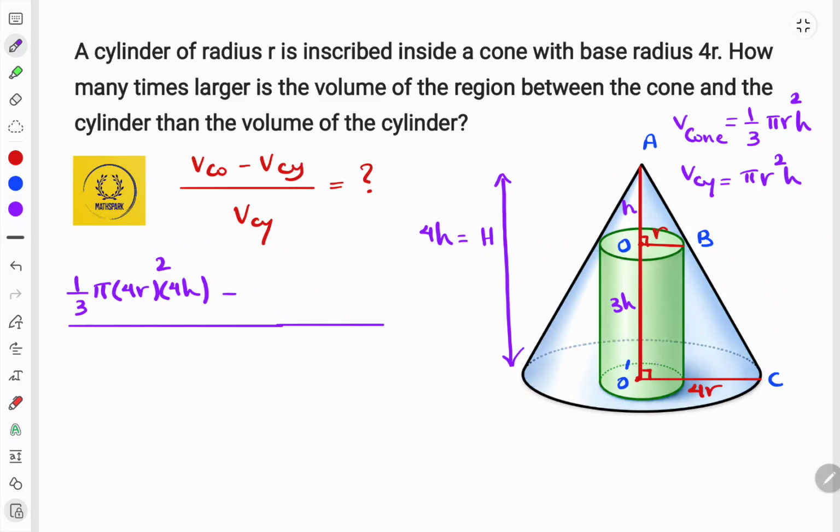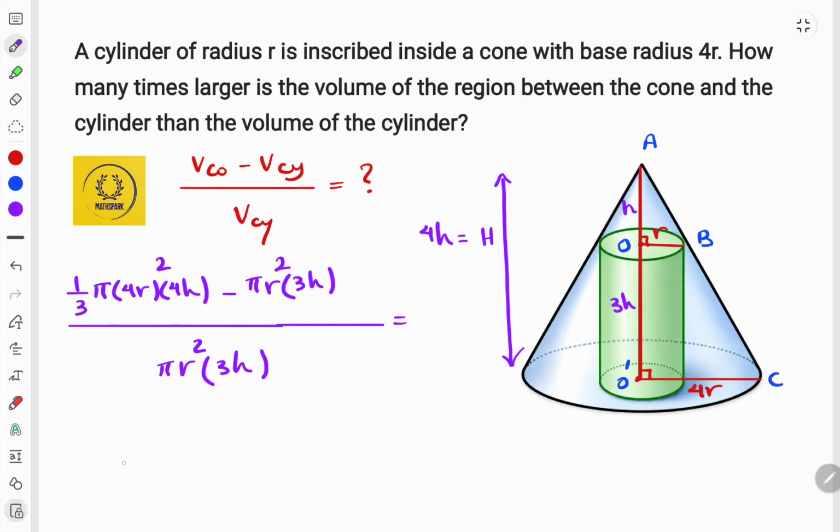For this green cylinder, we have pi, the radius is exactly r, and h is 3h, over the volume of cylinder, pi r squared times 3h.